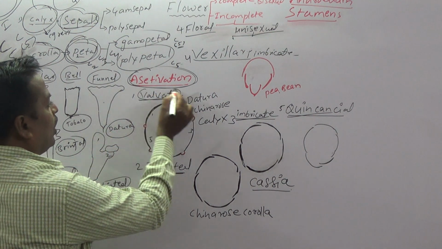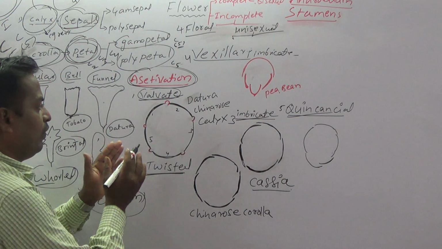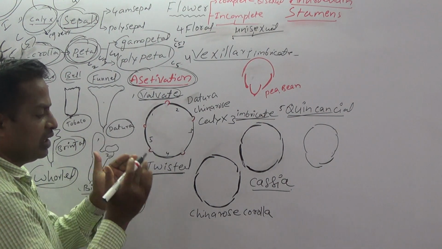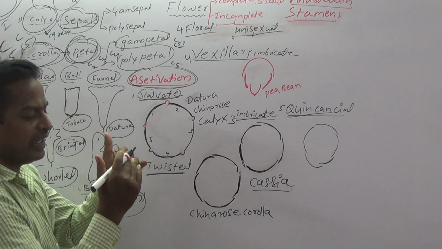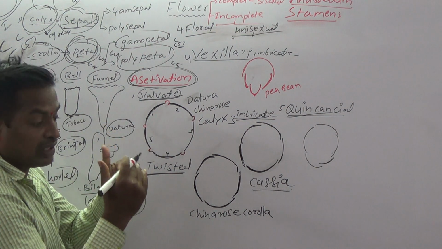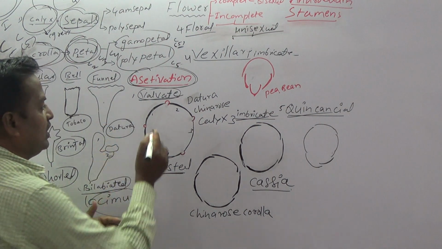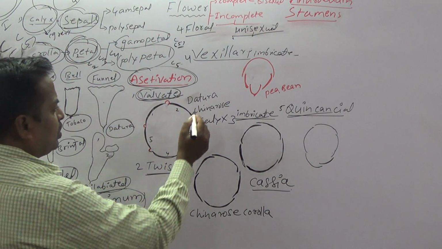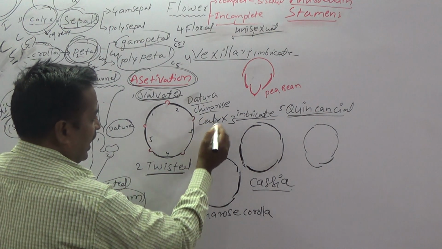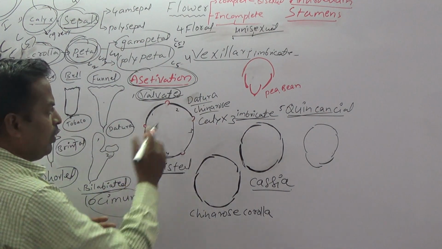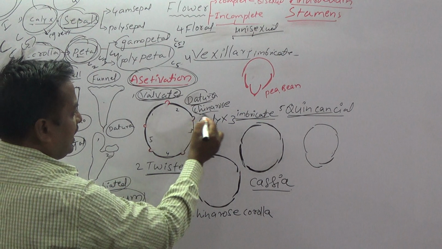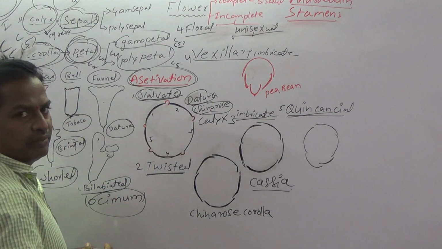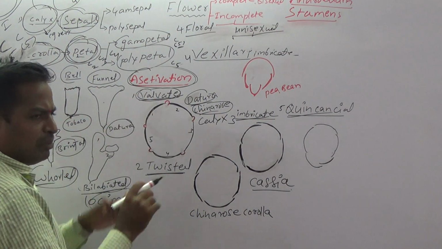This is called valvate aestivation: the sepals and petals touch but do not overlap. Are you clear? Examples are calyx of Datura and China rose. Examples may be asked in the syllabus, but the meaning is important.